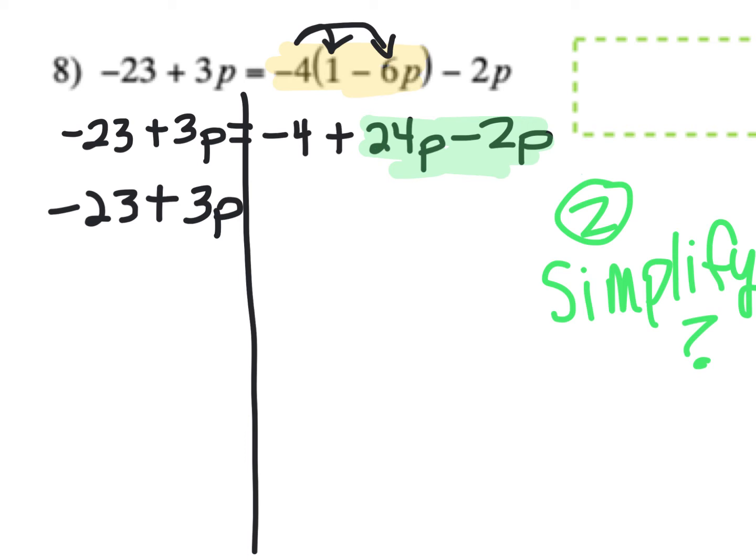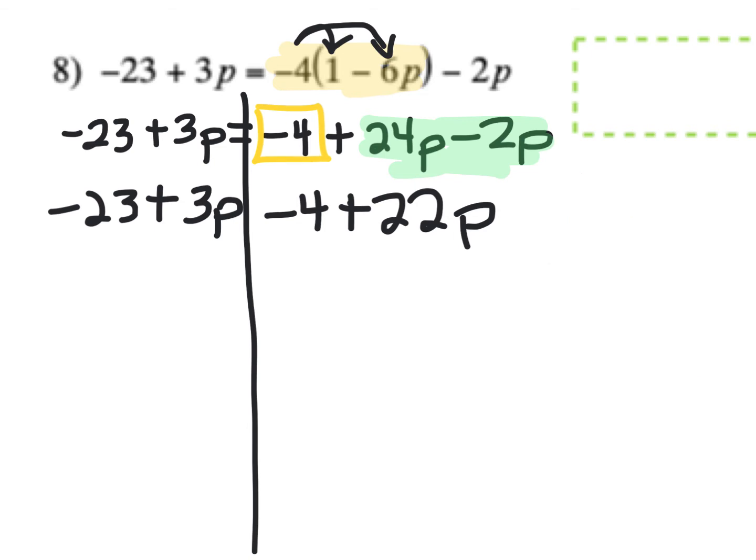So those are like terms, so I can put those together. So 24p minus 2p is going to leave me with 22p. And then that negative 4 just needs to come down. And that's going to be a plus 22p, because this 24 minus 2 is a positive 22.